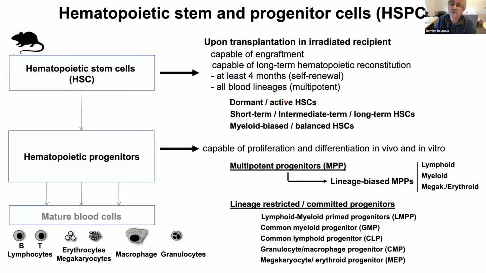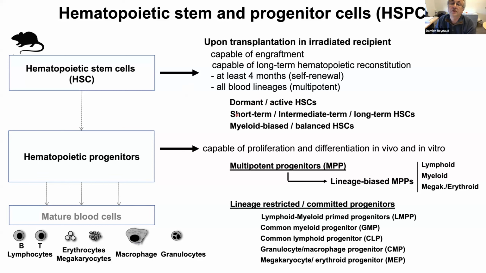Active HSC are quiescent, but they are primed to cell cycle, and therefore are easily testable in a primary recipient, in which they contribute to the reconstitution of the animal. Dormant stem cells, as indicated by their name, are far more quiescent, and usually they cannot be detected during the first transplantation, but their activity is then detectable upon secondary transplantation.